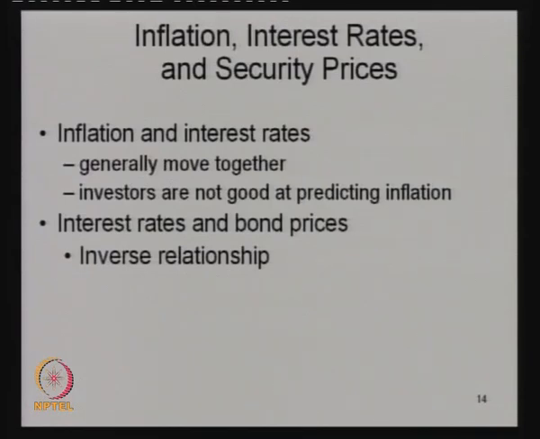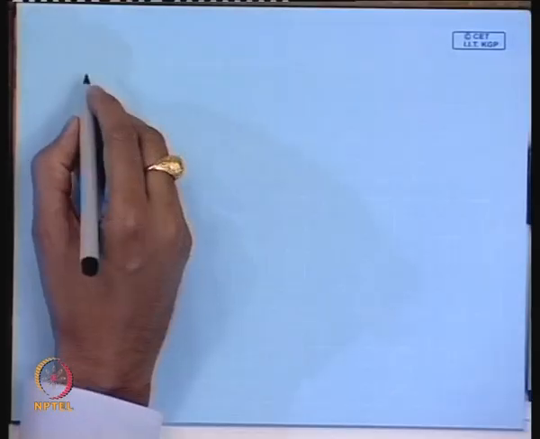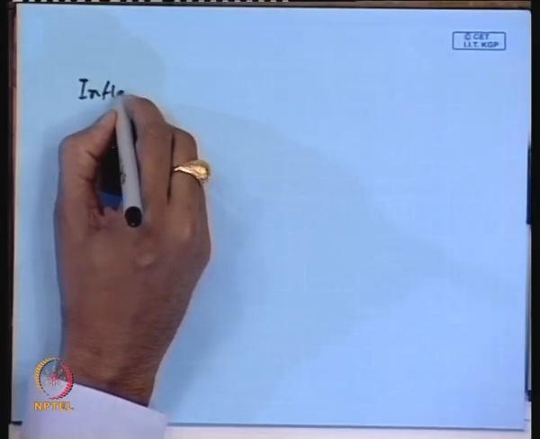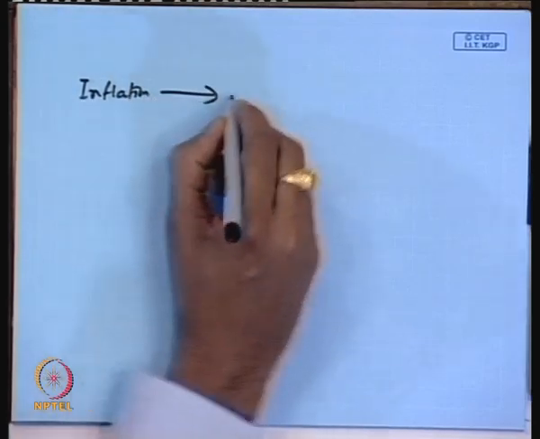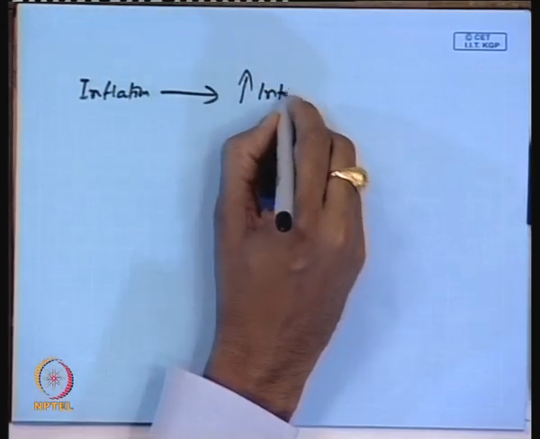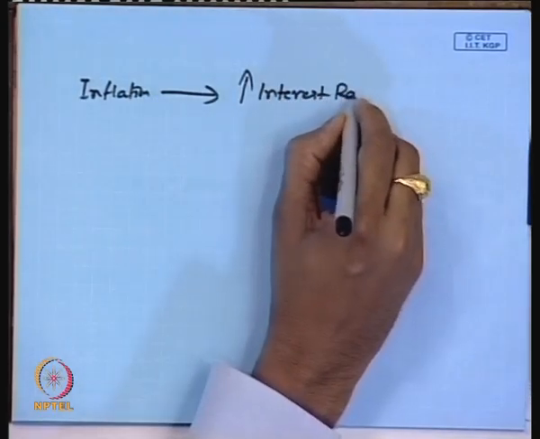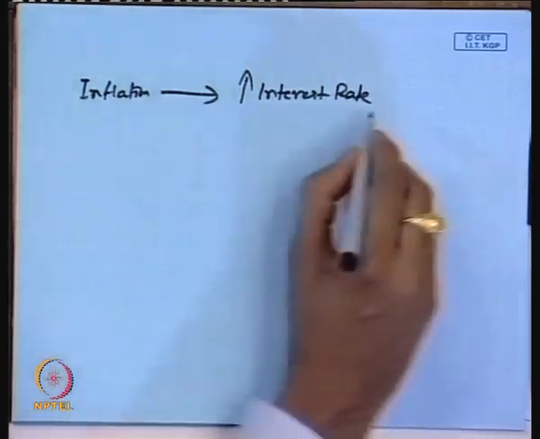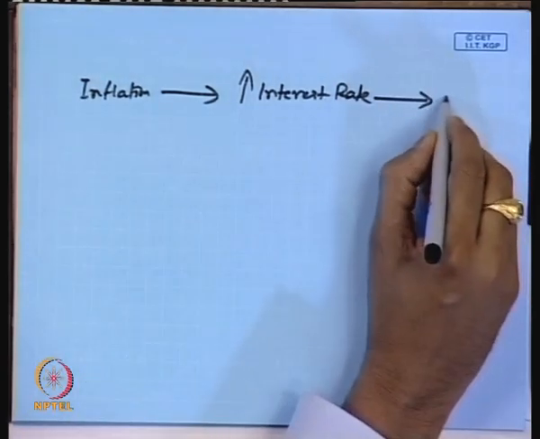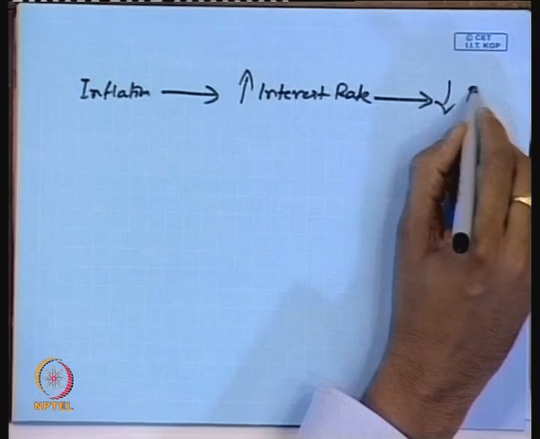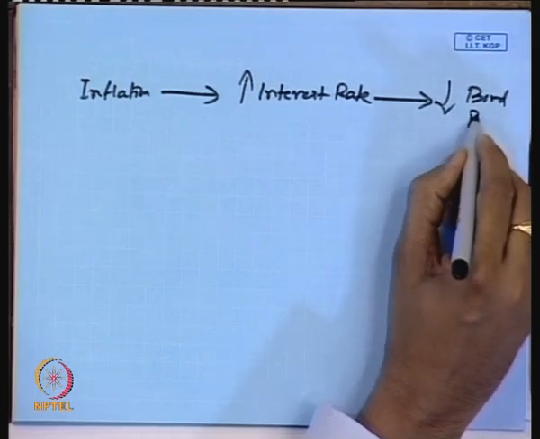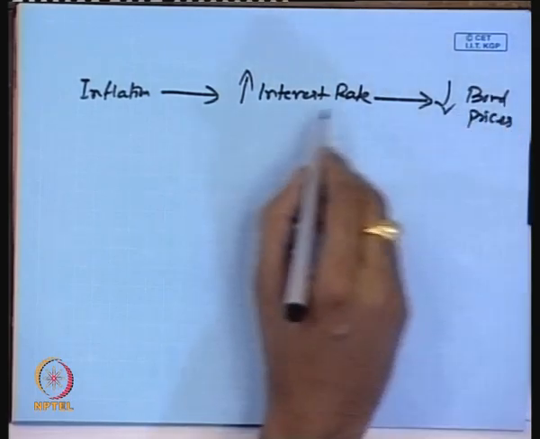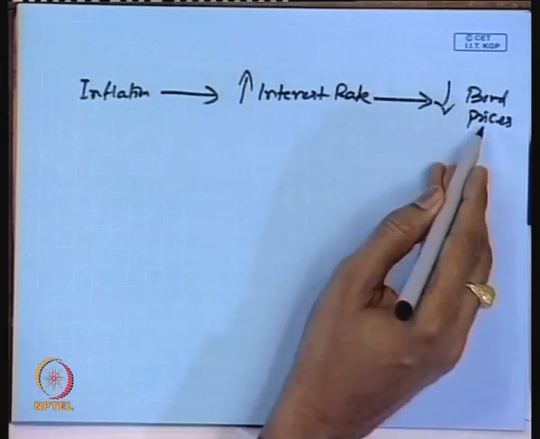Then we have interest rates and bonds. What happens if inflation leads to an increase in the interest rate? This will lead to a fall in bond prices, because there is an inverse relationship between interest rate and bond price.